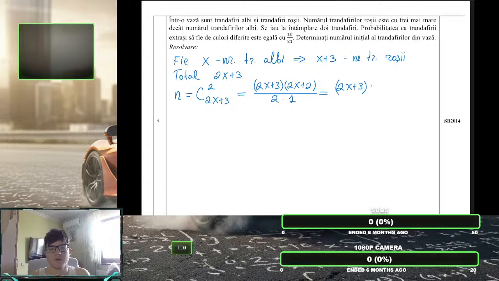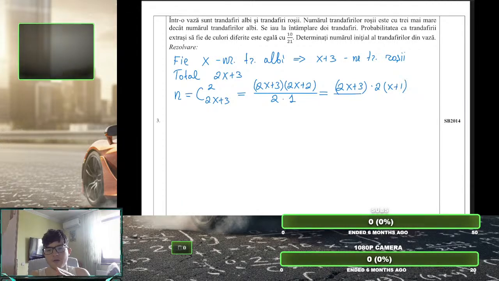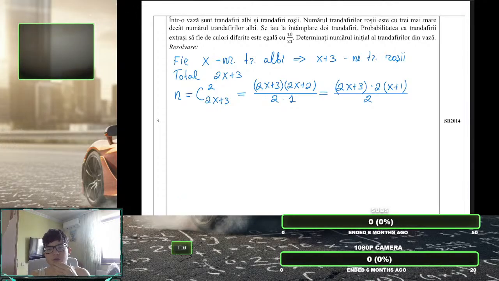2x plus 3 on top, and we take the 2 up front so that we can cross out the 2 and we can just multiply 2x plus 3 in parentheses with x plus 1 in parentheses. That's what I think it is right here.